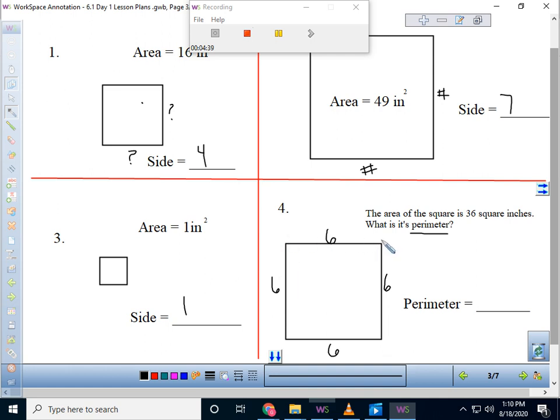So 6 plus 6 plus 6 plus 6, or you can think of it as 6 times 4, is 24. So the perimeter would be 24. And since we're dealing in inches, we should probably put inches here. Looks like we're dealing in inches in all of these, so these would be inches, these would be inches, and these would be too. It's always good to remember our units, right? Great, and we're done.